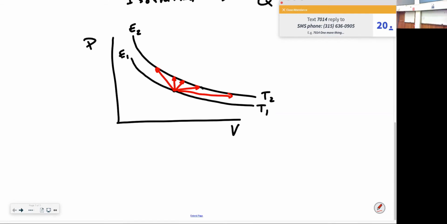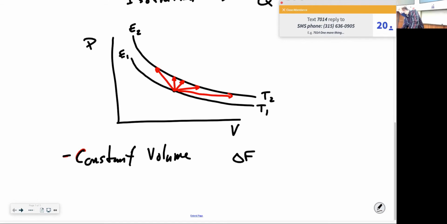We have some picture of what that looks like now on our PV diagram. So let's do the thought experiment for doing that. So let's do constant volume. We know that delta E is Q minus W. We also know in the constant volume case, what's the work?